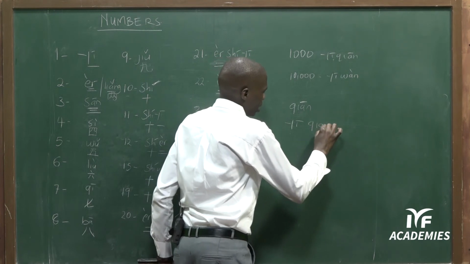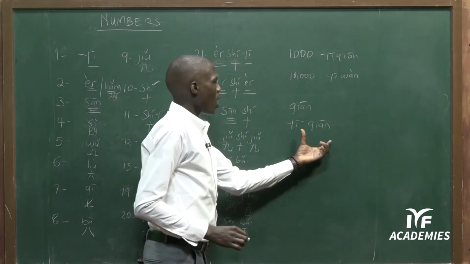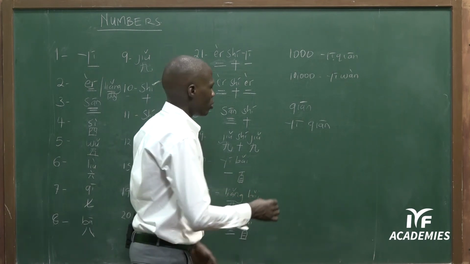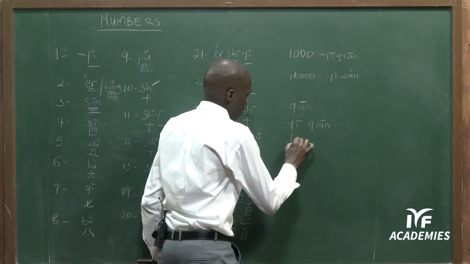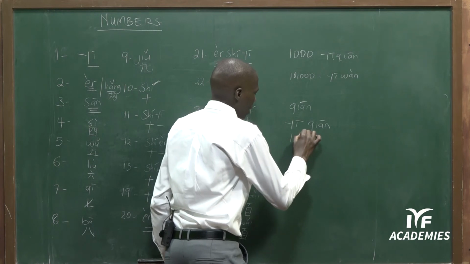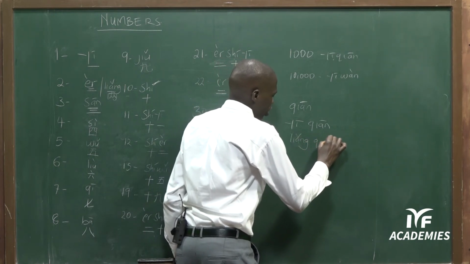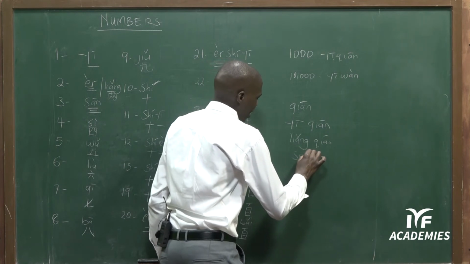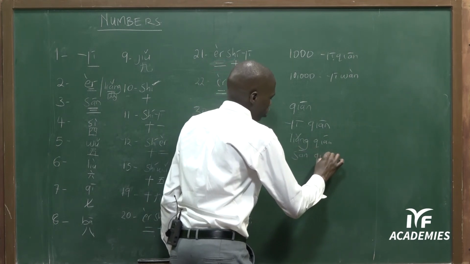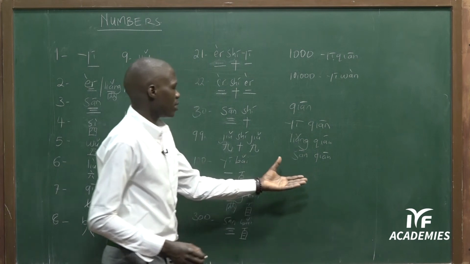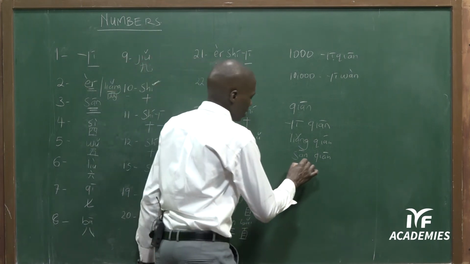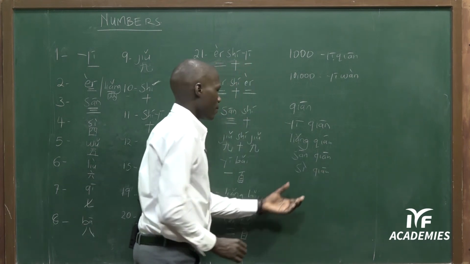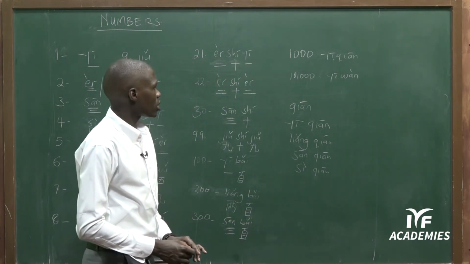So yi qian means 1,000. When you talk about 2,000, you add 2: liang qian. When talking about 3,000, san qian. When talking about 4,000, si qian. So this is how you are going to talk about it.